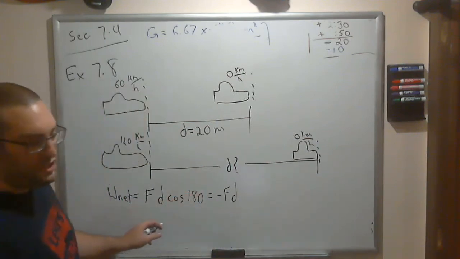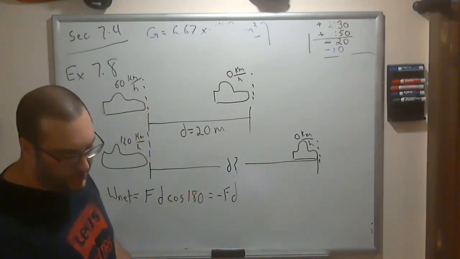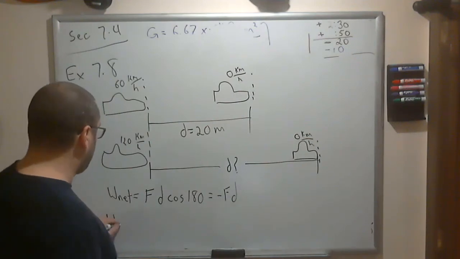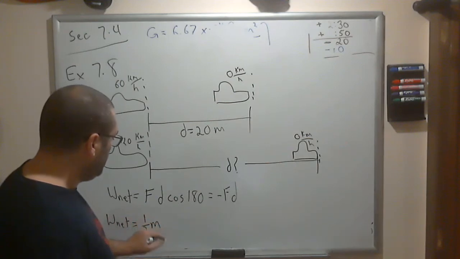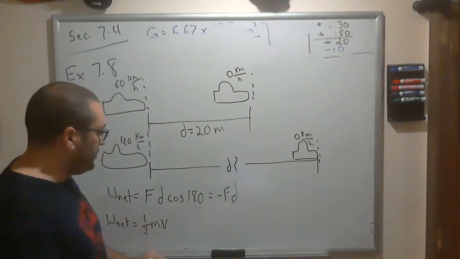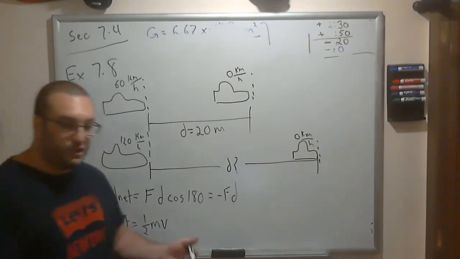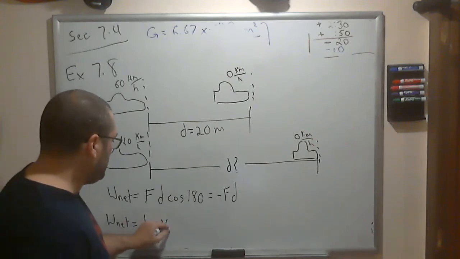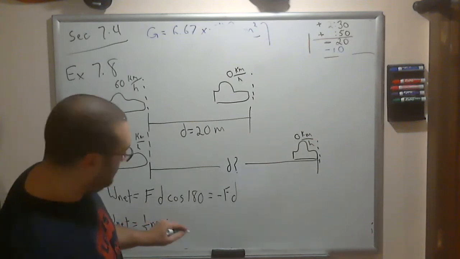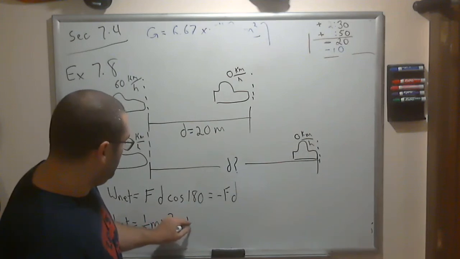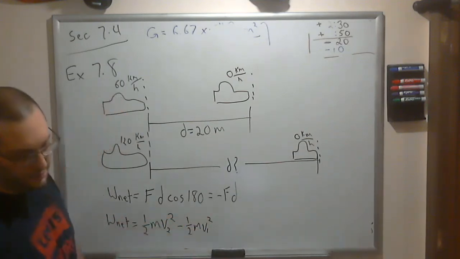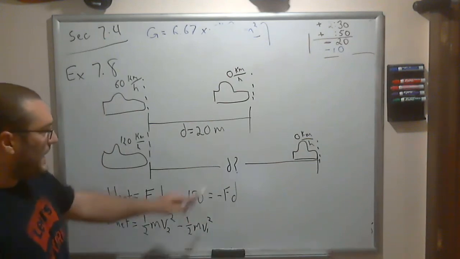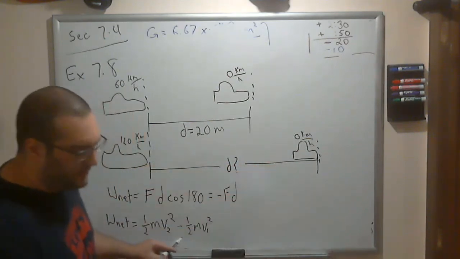Then, by the work-energy theorem, which I had up initially, we can relate the net work to the change in kinetic energy. And that's just equal to what we had up on the board earlier, right? And then our velocity at the end is 0.